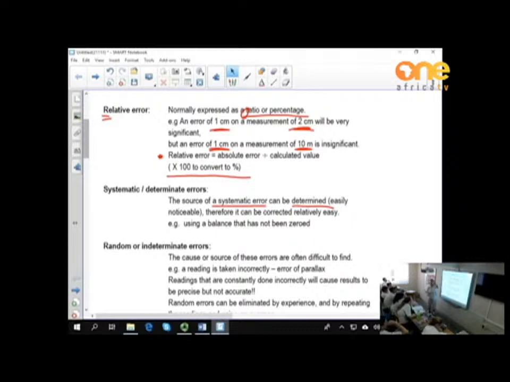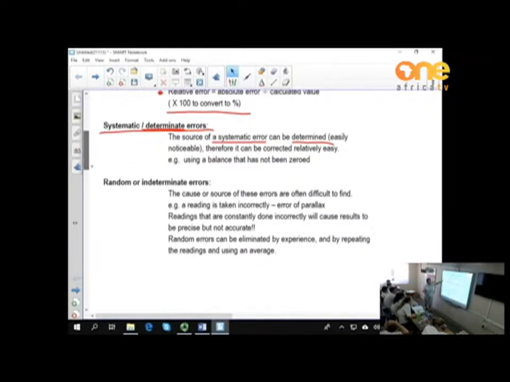I add another 10 Newton, I will get 20.2 Newton. So I know where the error is. Oh, I didn't zero the scale. Okay, we can subtract it from our reading. Okay, so that would be a systematic or determinate error. We can determine where the error was and we can correct it.